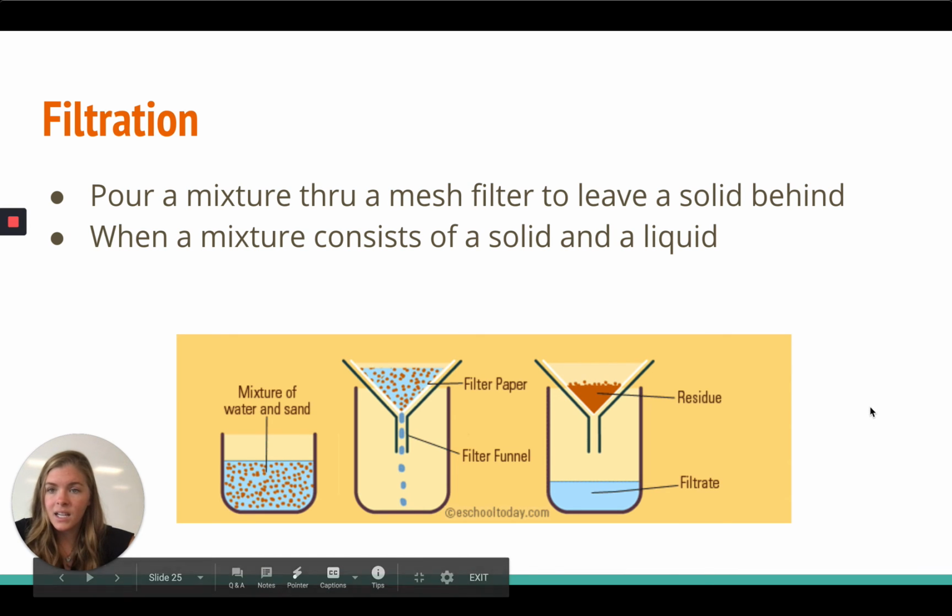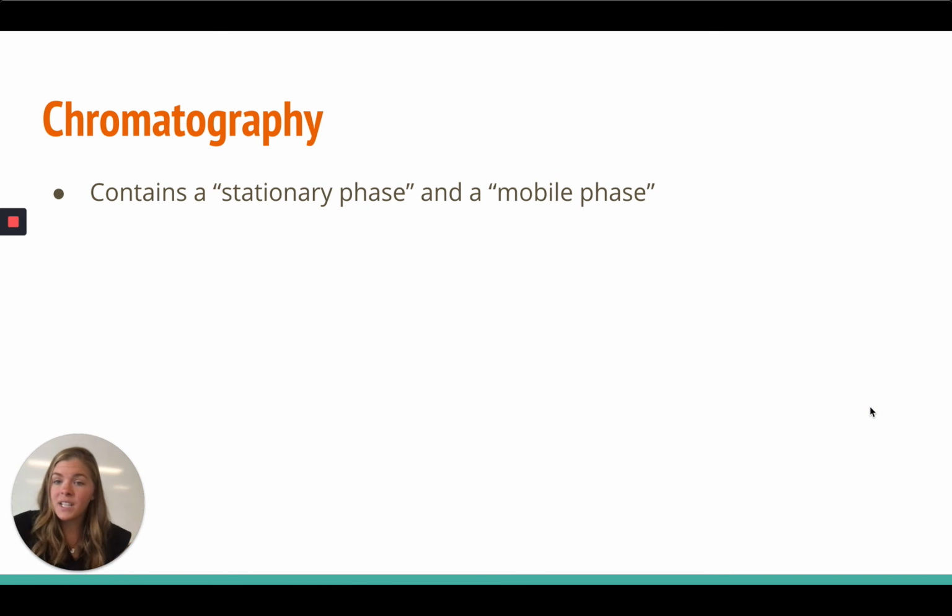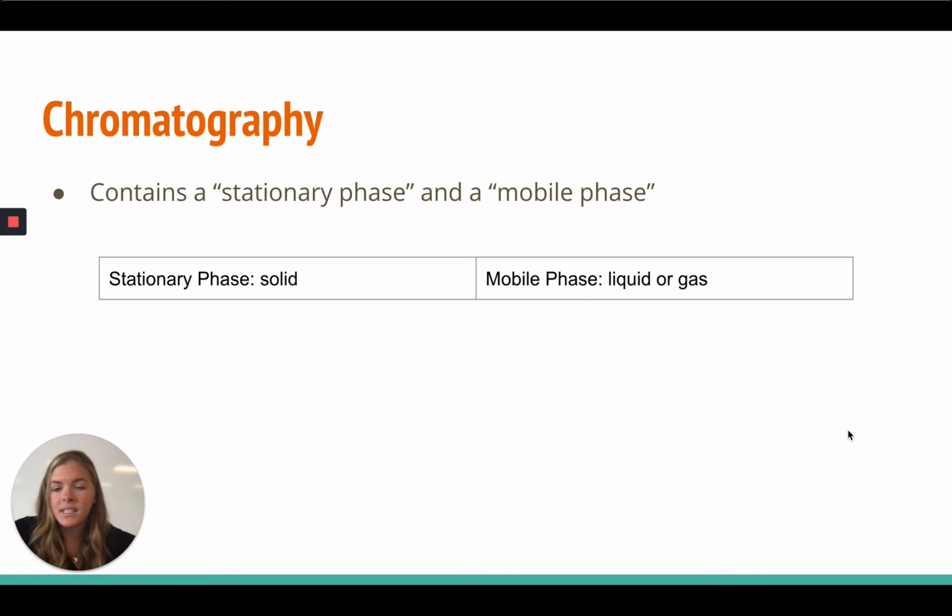And then lastly, we're going to talk about chromatography. Chromatography might be a little bit of a new idea for a lot of you. Chromatography is not super high tech by any means, but it's just very different. It contains a stationary phase and also a mobile phase. The stationary phase is generally some sort of solid, whereas the mobile phase is a liquid or a gas.